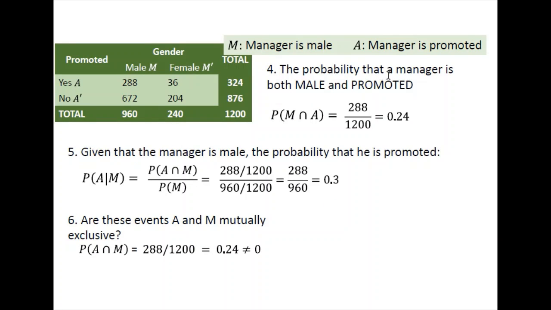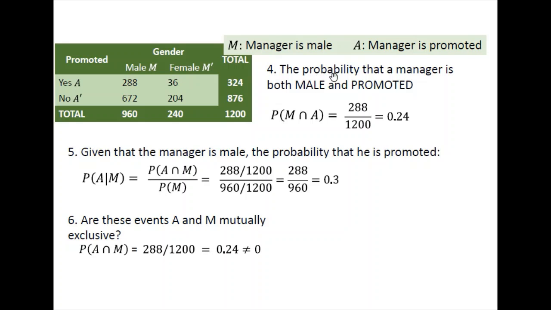The probability that a manager is both male and promoted, again both male and promoted, its intersection. So the intersection of male and promotion is yes, the intersection of M and A is this cell. But it's the number of the outcomes in intersection.